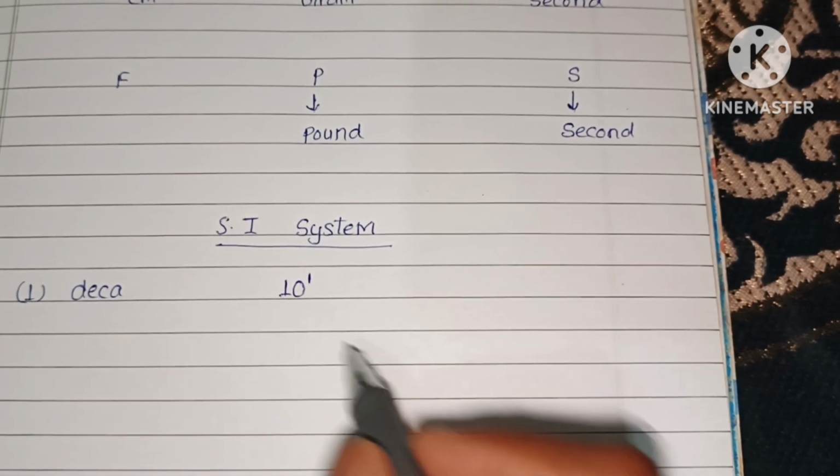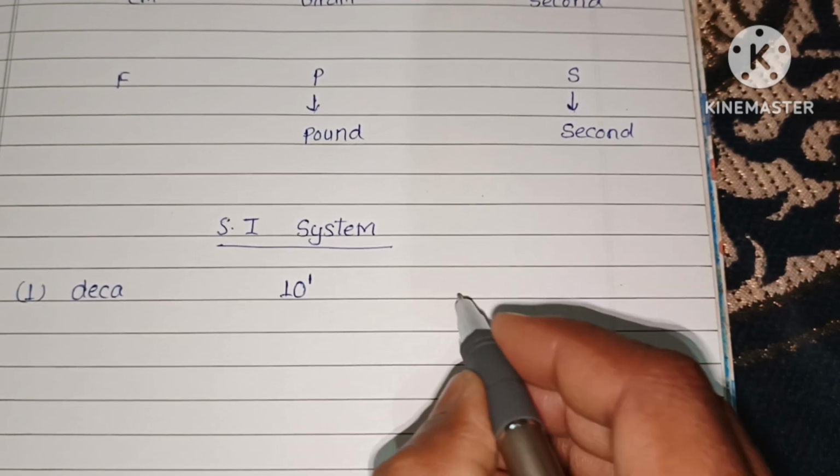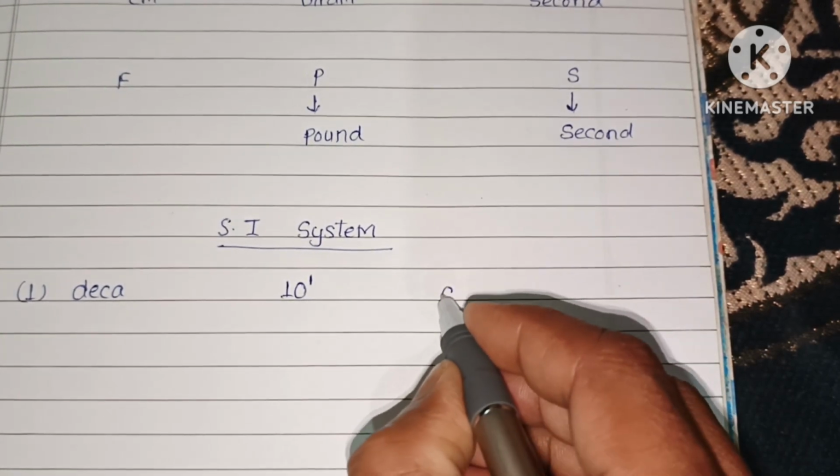Deca has the value 10 to the power 1. If we talk about the symbol, the symbol is Da.